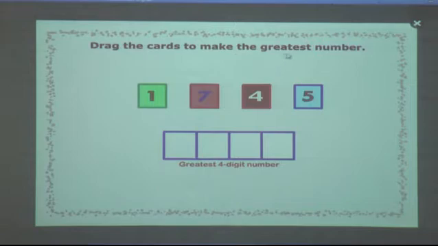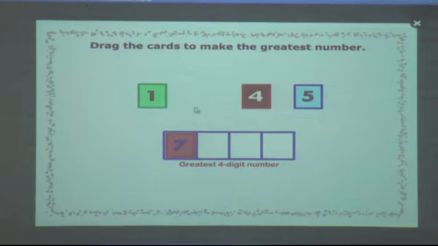To form the greatest 4-digit number, what do we have to do? We have to take the greatest digit first among these 4 numbers. Which one is the greatest digit? Yes, 7 is the greatest digit. So, we will take 7 first.